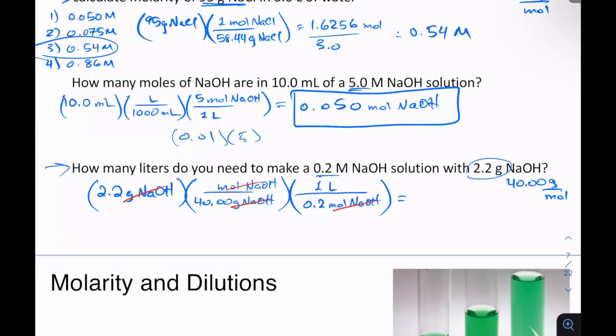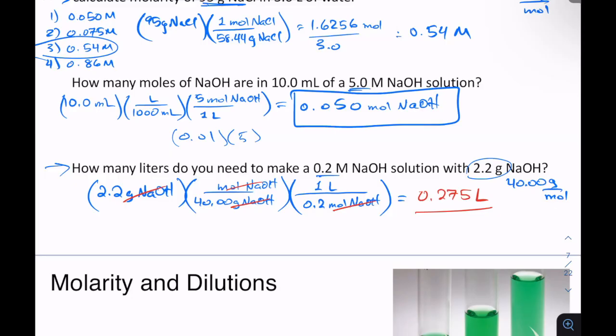And now in our molarity, every 1 liter contains 0.2 moles. That's our target. Well, this will tell us how many liters we need to get to that target. So that's going to be 2.2 divided by 40 divided by 0.2. And that gives us 0.275 liters.